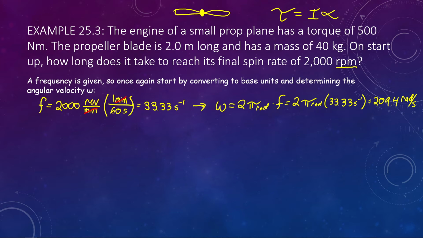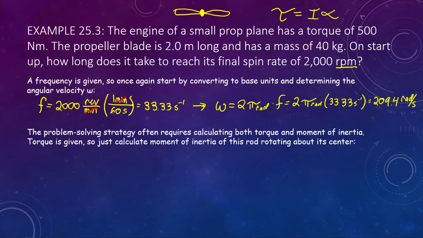Remember our problem-solving strategy. It says that we have to calculate torque and moment of inertia. The good news is torque is already given to us. Right? Torque is given to us in the problem as 500 Newton meters. So thankfully, we already know that value, which means we just need to calculate then the moment of inertia. We need to solve for I.